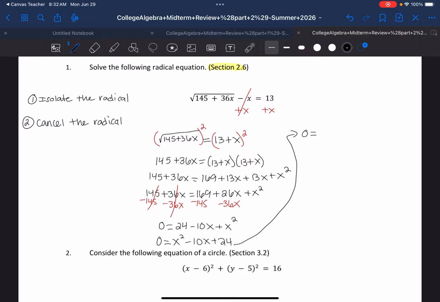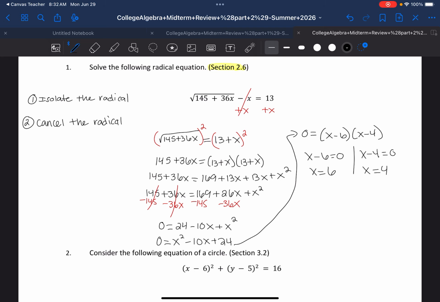So that's going to be negative 6 and negative 4. So this will factor to x minus 6 times x minus 4. And so when I set each of these equal to 0, I get x is equal to 6 or x is equal to 4.